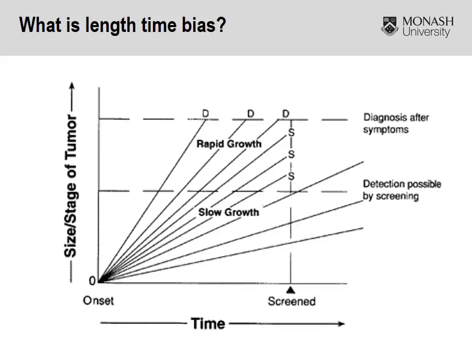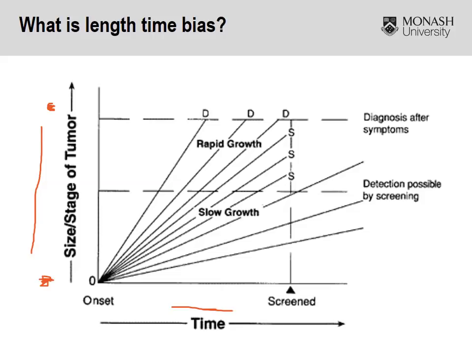So here's just a graphical representation of length time bias. On the x-axis we've got time, on the y-axis we've got stage of tumour, with an early stage of the tumour, as opposed to an advanced stage up here.